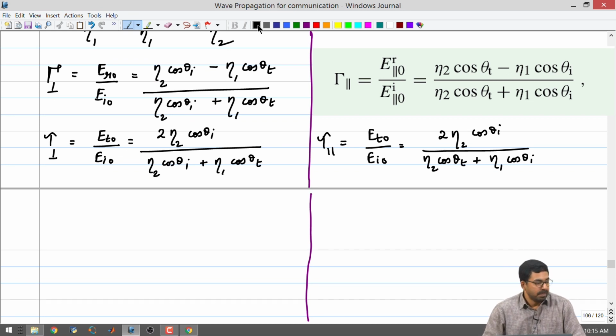Okay. So, now that we have seen the reflection and the transmission coefficient for both the polarizations, it is abundantly clear that there are some commonalities between the two. There are also some distinctions between the two.